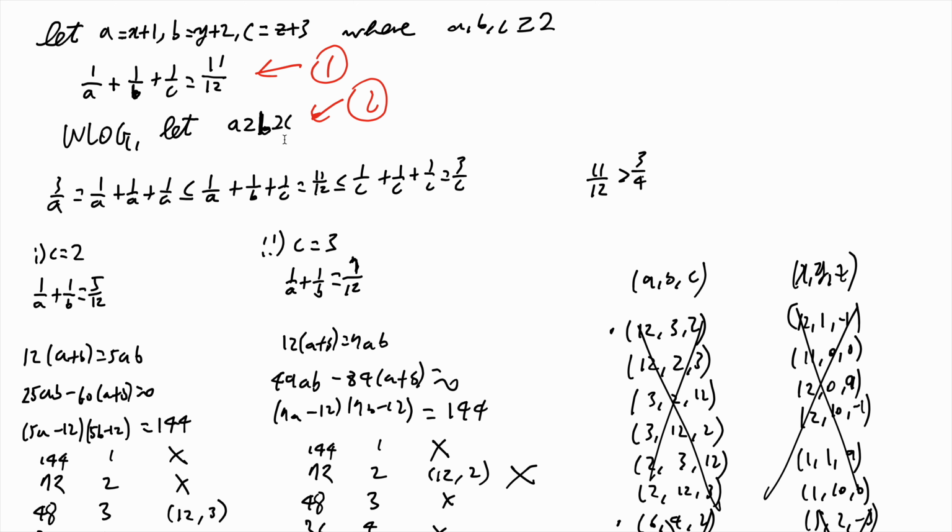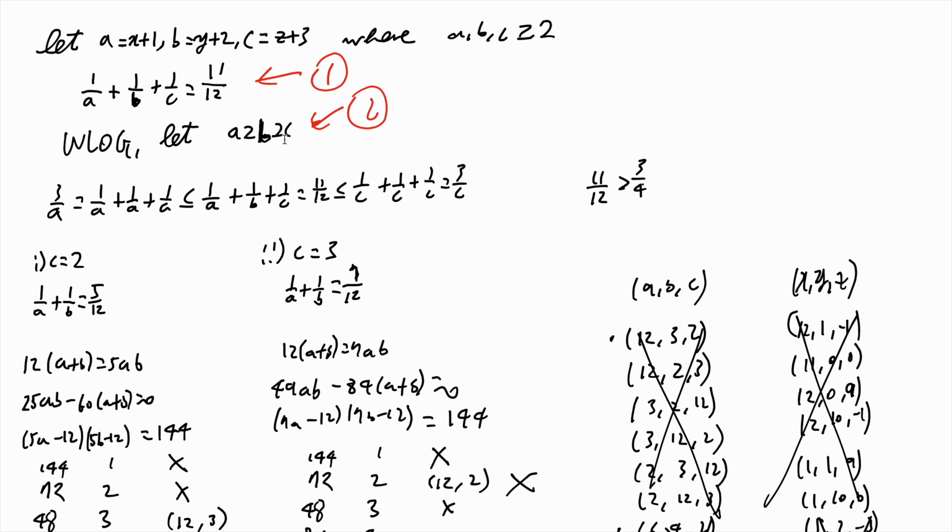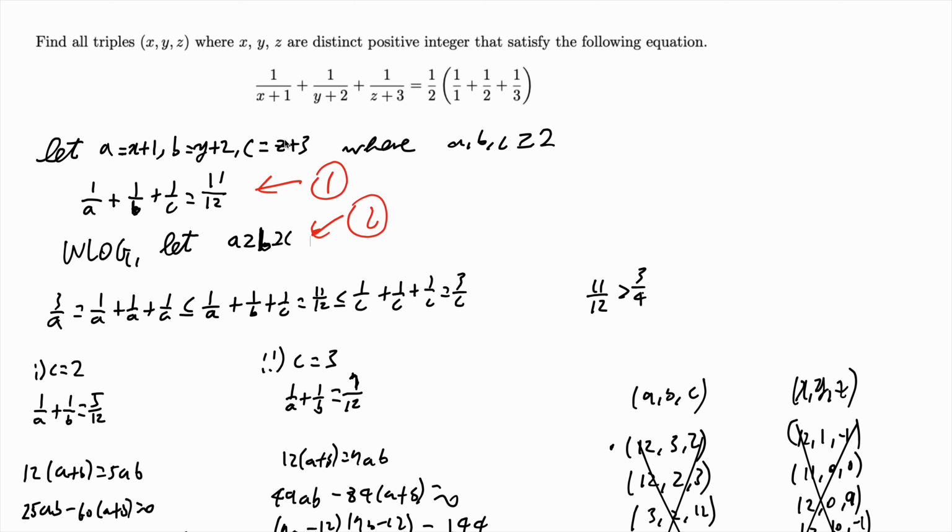Other than that, wait, now that I think about it, if we let this equal c, this equal b, this equal a, then we could have just directly found it, because we can say that without loss of generality let z be greater than y greater than or equal to x, and that should not cause a problem.